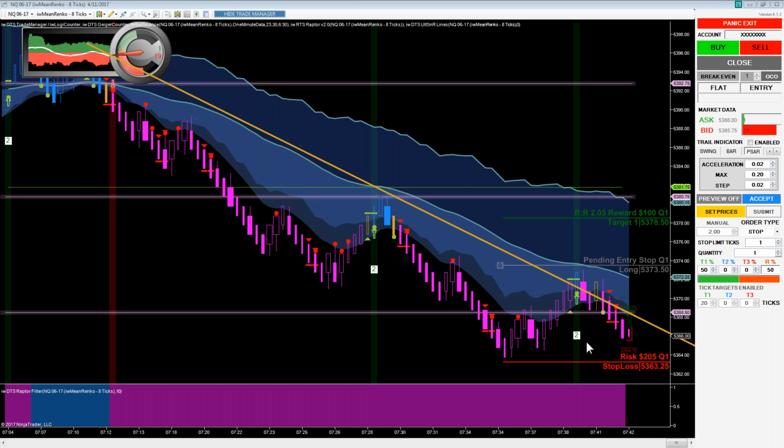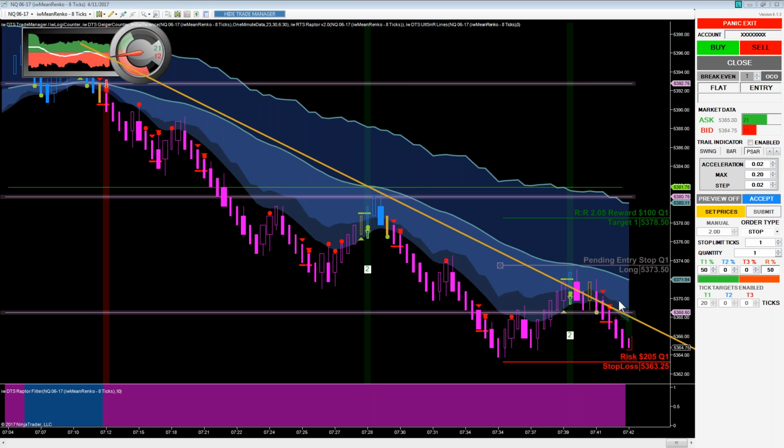No, maybe not. So here they come back with yet another hard edge bounce. We'll see if this low holds now at around the 53.64 area. We may get that reversal. Like I said, there is one coming.